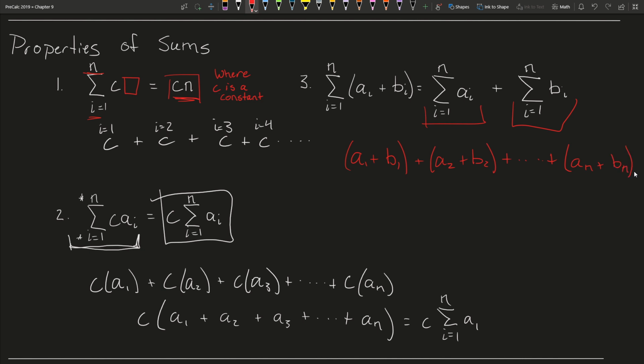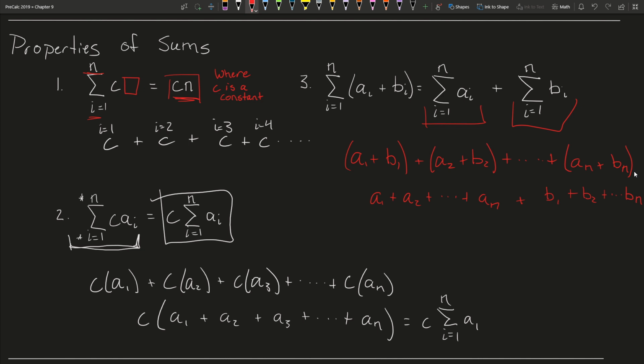And then we can rearrange that, where the A's are all first and the B's are all second.